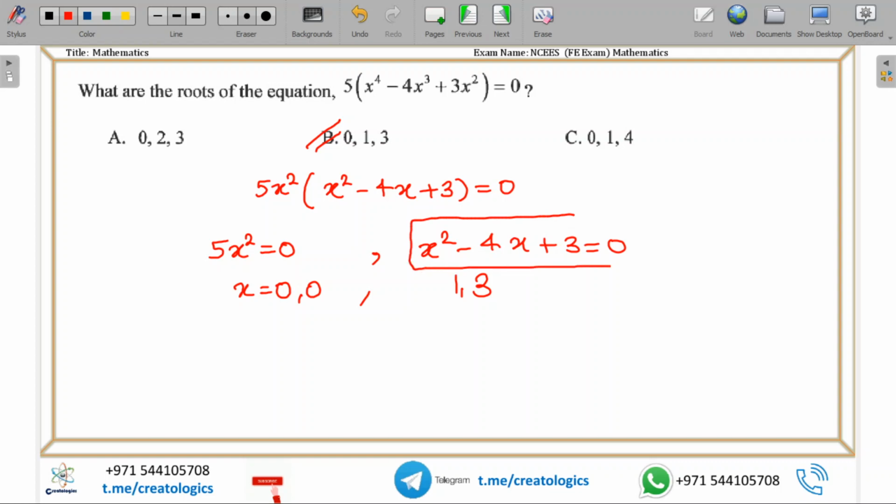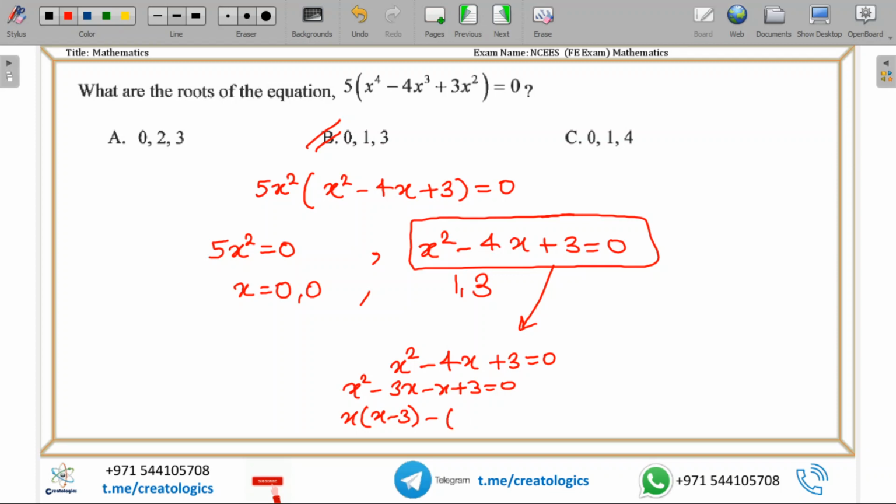Or if you want, you can use the split the middle term method. x squared minus 4x plus 3 equal to 0 is your question. Split the middle term: x squared minus 3x minus x plus 3 equal to 0. Take out common, you get x(x minus 3) minus 1(x minus 3) equal to 0, which gives (x minus 1)(x minus 3) equal to 0.